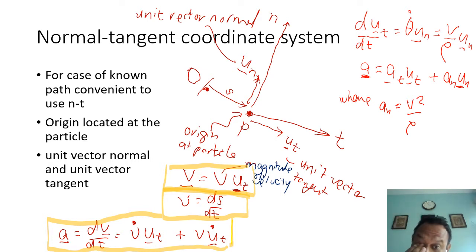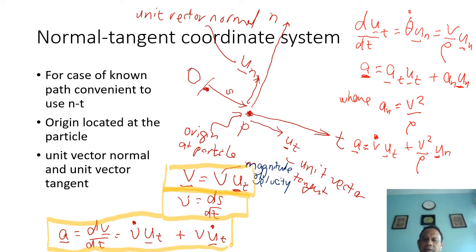So in short, the acceleration vector is given by v dot ut plus v square over rho un.